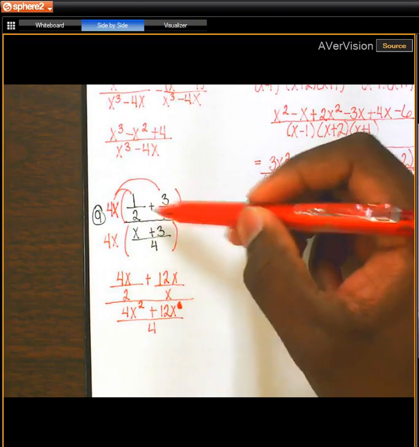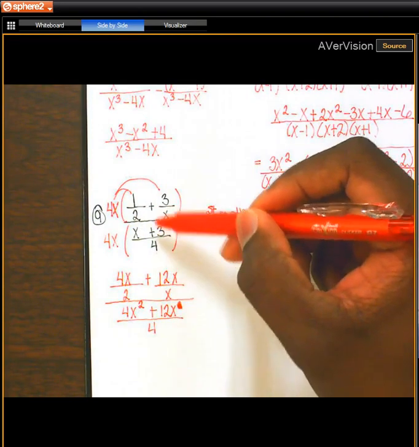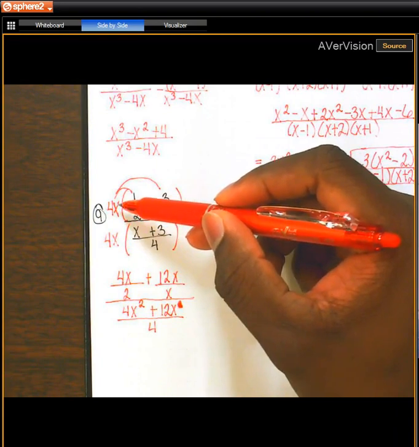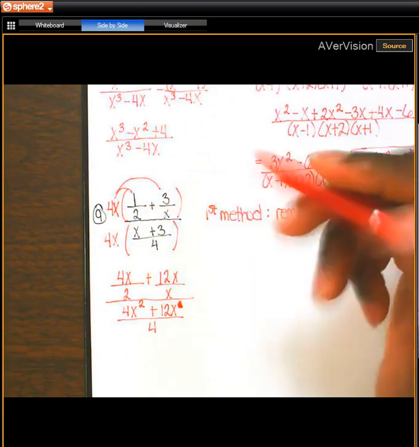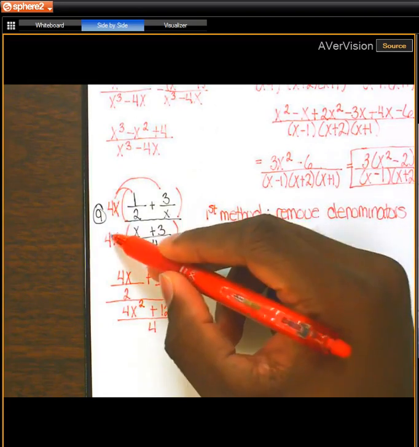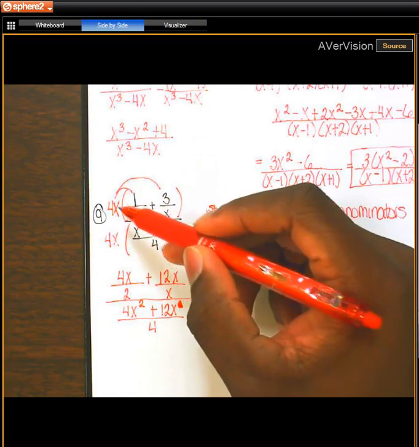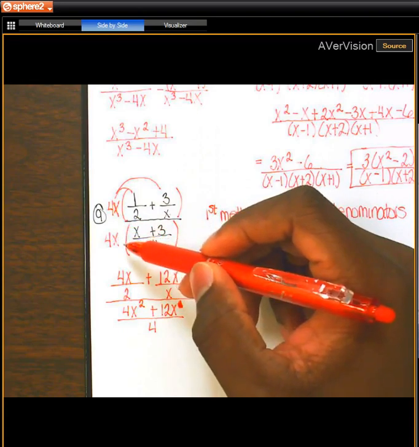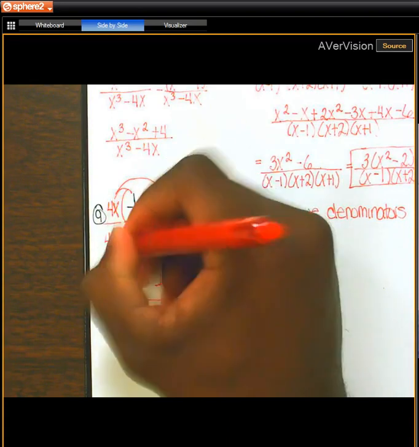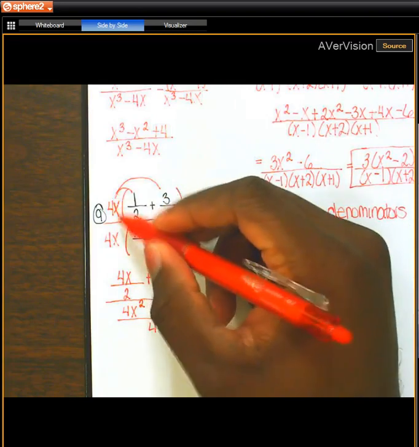So we wanted something that would cancel out this 2 and this x and this 4. In order to cancel out this x, we have to multiply by x, right? And then in order to cancel out this 4, we have to multiply by 4. So we're just multiplying by 4x divided by 4x, which is just 1. So what we have in the bottom, we have to have at the top, otherwise we're changing the problem.